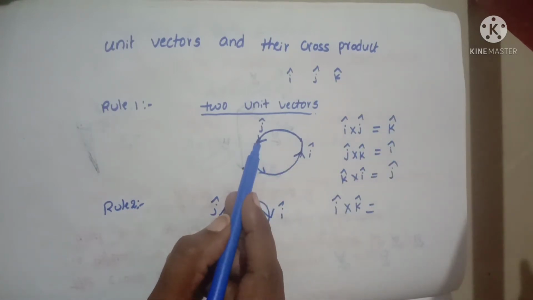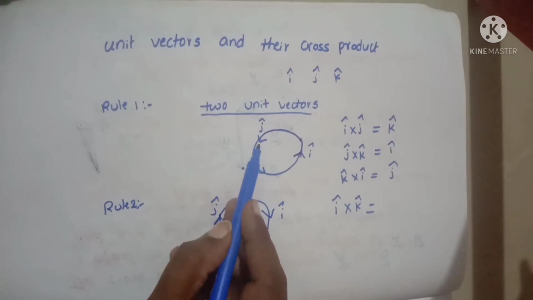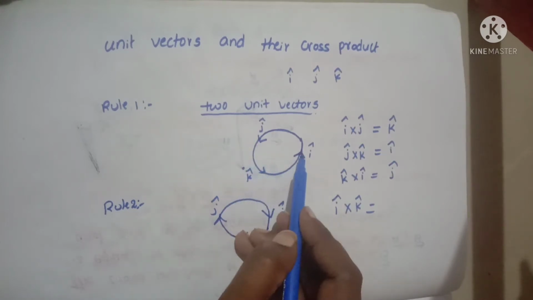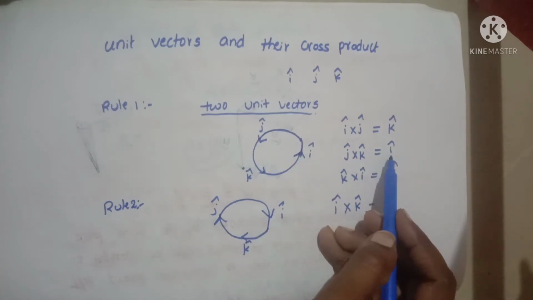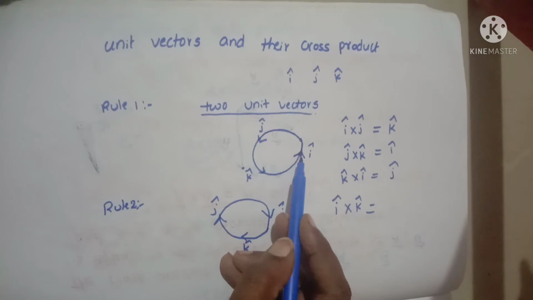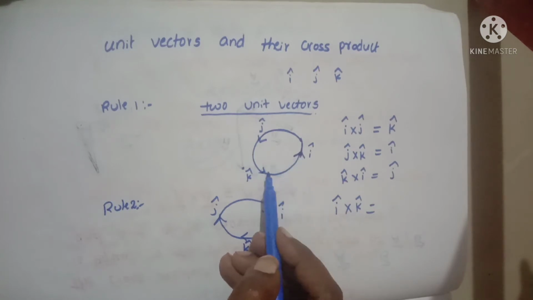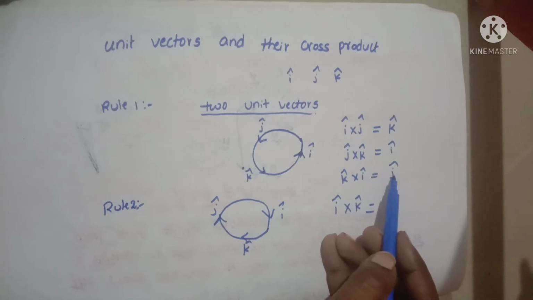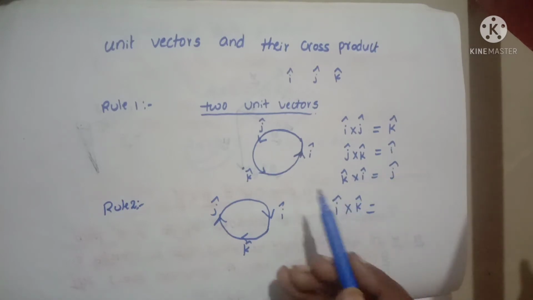Next one, j to k. The j vector multiplied with k vector gives the third unit vector with positive sign. Next one, k and i. These two multiplied give the third vector with positive sign. This is the first rule.